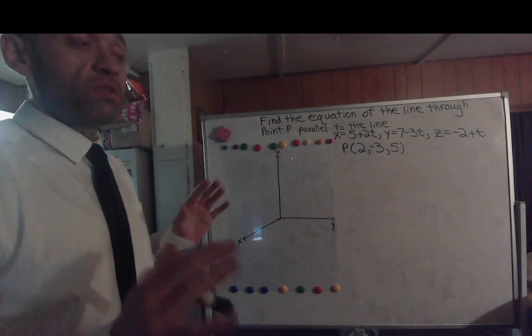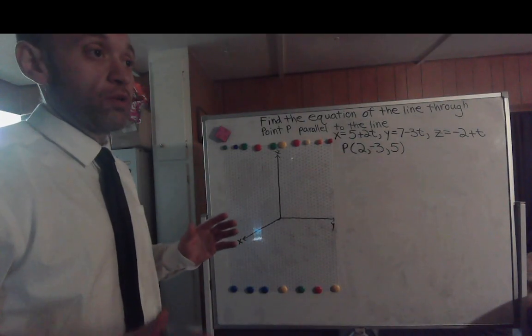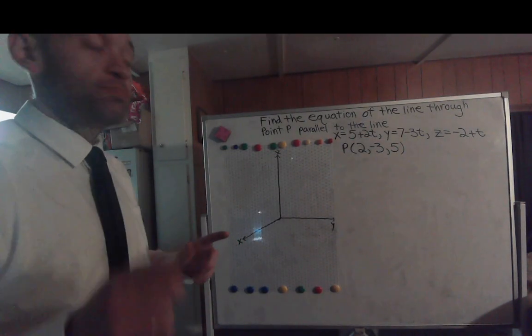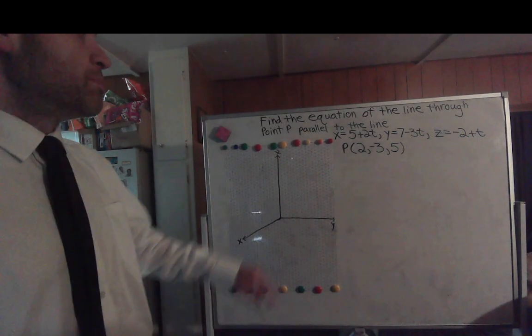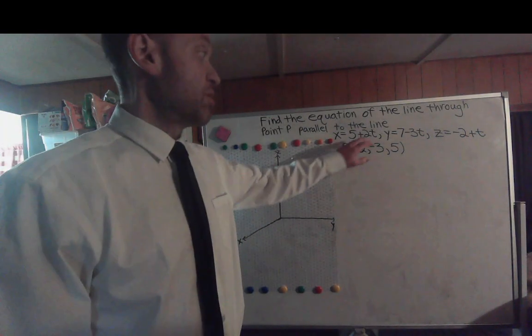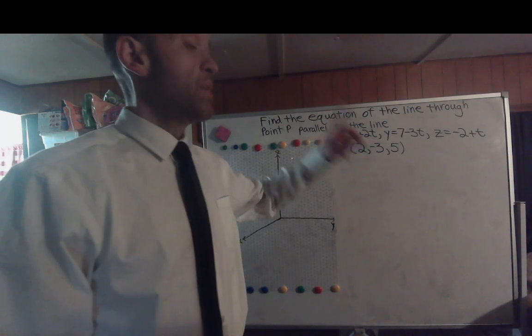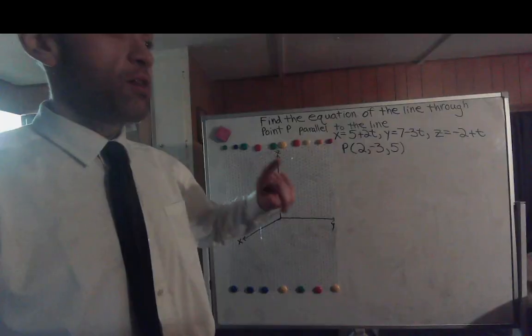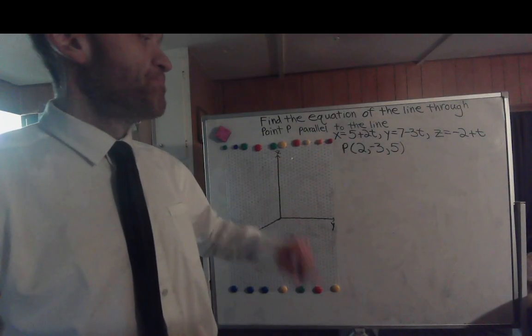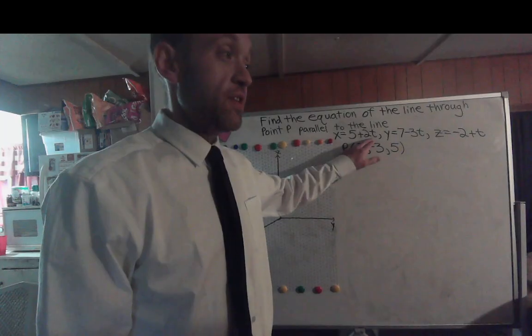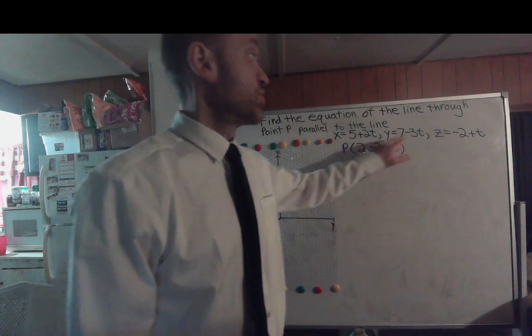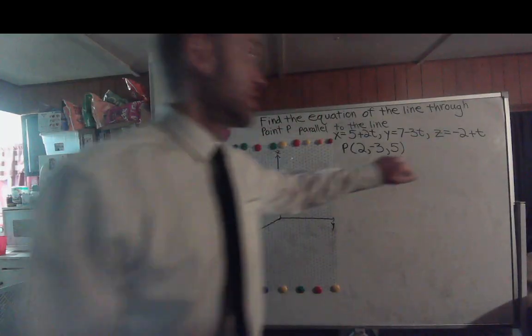Alright, so they don't give you the vector that it's parallel to outright, but we got the next best thing. You want to know why? Because this line has parametric equations. And in parametric equations, the coefficients of the t are always your direction numbers from the vector.